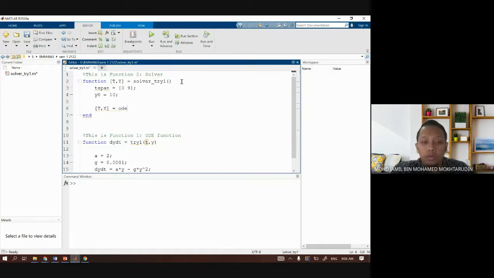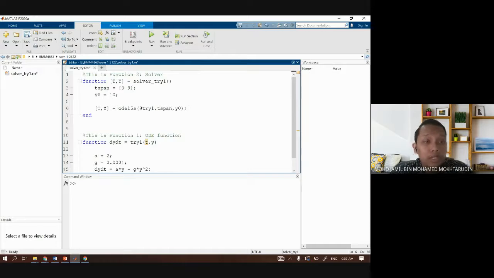We use ODE15s, which is one of the solvers in Matlab. The first component is you must call the function number 1, so just write add try1, and it will automatically search for the try1 function. The second component is the time span, and the last component is the initial condition.